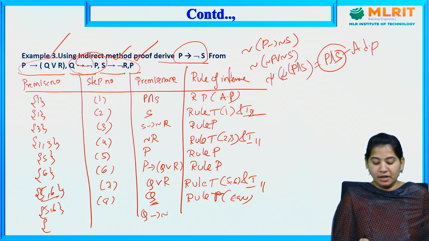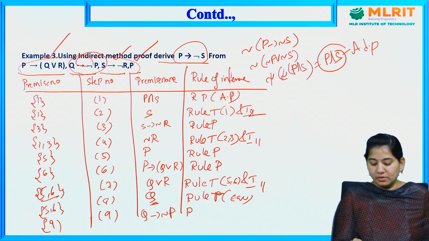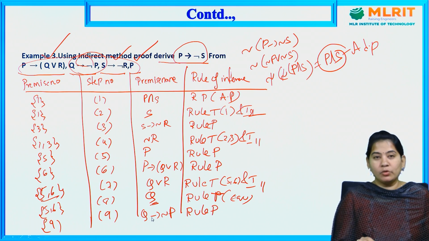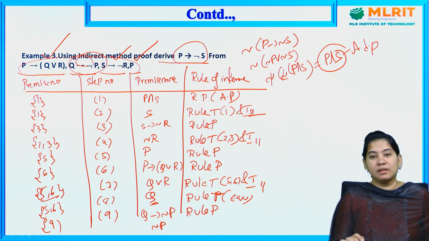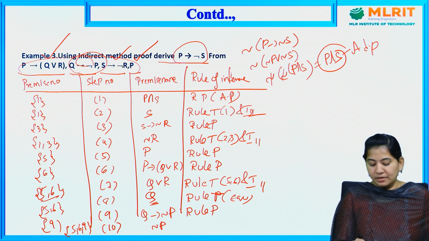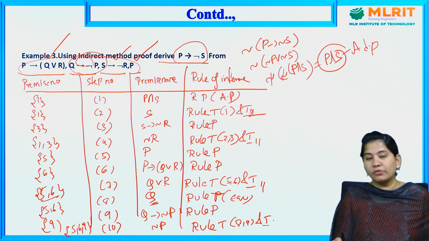So just directly write Q comma Q implies negation P. Then write down here premises number is 9, step number is 9, and this is called rule P. Now Q comma Q implies negation P is negation P. So this is called 5, 6, 9 and step number is 10, and this is called rule T by applying the steps 8, 9 and I11 formula.